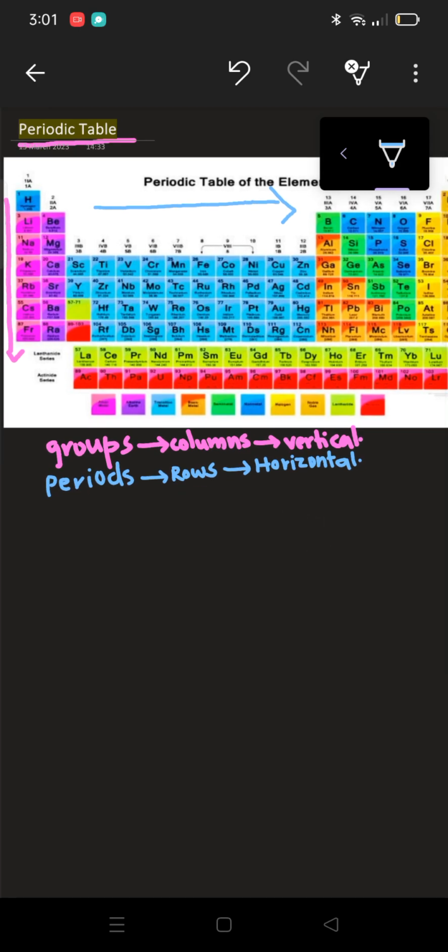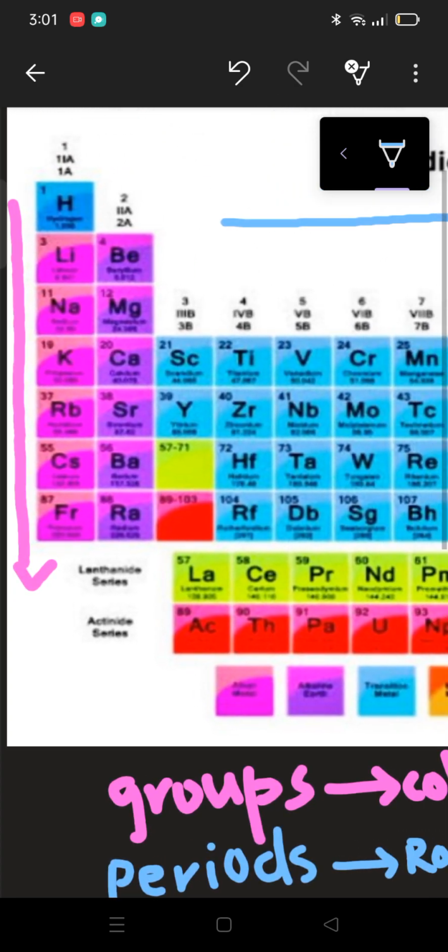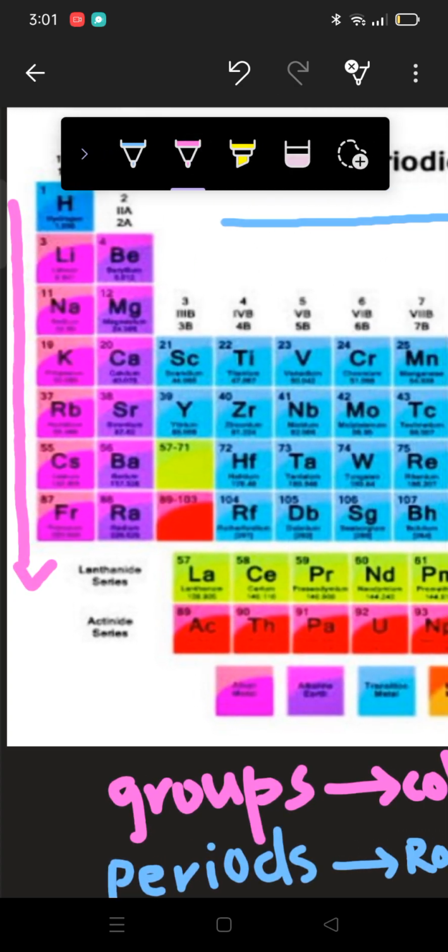So groups are always columns and columns are vertical, and periods are always rows and rows are horizontal. We are going to discuss the groups, which are columns and vertical, as you can see here, which I've highlighted with the pink pointer.